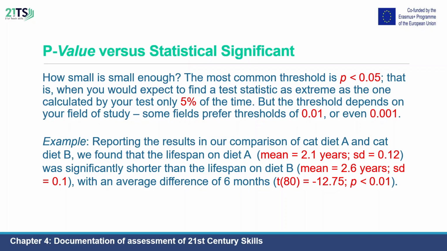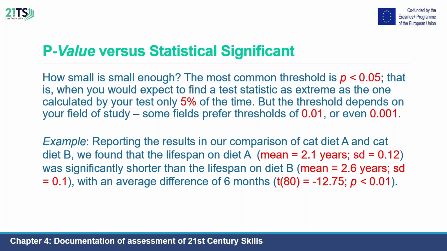For example, reporting the result in your comparison of cat diet A and cat diet B, we found that the lifespans on diet A, mean equal 2.1 years, standard deviation equal 0.12, were significantly shorter than the lifespan on diet B, mean equal 2.6 years, standard deviation equals 0.1, with an average difference of 6 months.